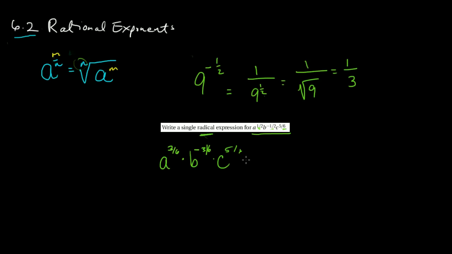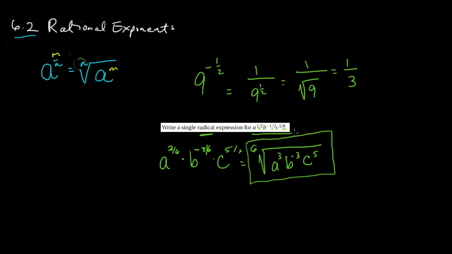Now I have everything in terms of one index, so I can rewrite this as a radical: the 6th root of a to the 3rd power, b to the negative 3rd power, and c to the 5th power. So this is just manipulating radical expressions and using them to translate between rational exponents and radical expressions.